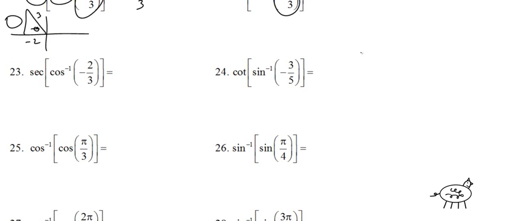So let's make a quick sketch here. Now, secant and cosine go together, so let's actually do the problem the long way here and then figure things out. So I'm over here. I'm at negative 2/3. This is √5. Okay, and then that's my theta.